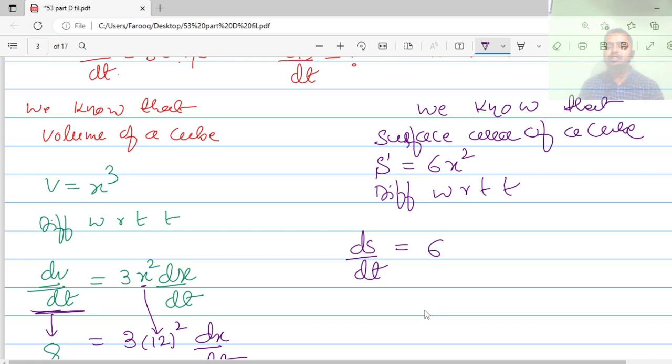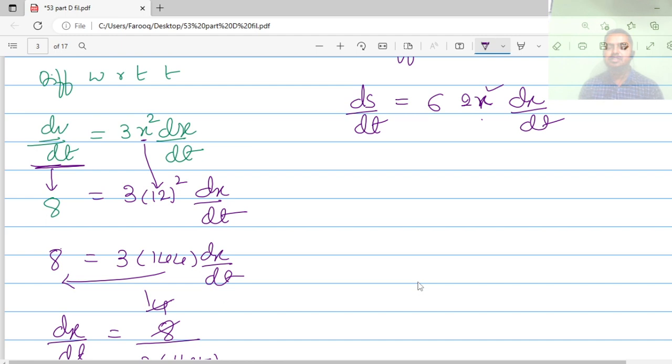The derivative of x square is 2x, and the derivative of x is dx by dt. 6 2s are 12, so ds by dt is equal to 12x dx by dt.